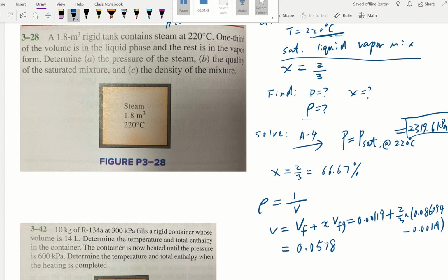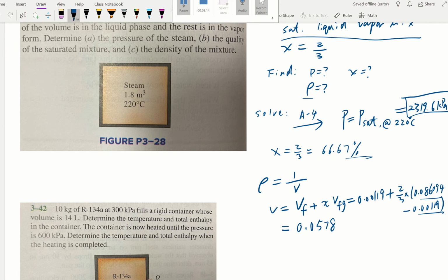Take a moment to think about whether this number is reasonable. The quality is about 2/3, so it's a little bit more than half. vf is a very small value, 0.00119, and vg is 0.086. So the result will be closer to vg since the quality is greater than 50%. So I think this number is reasonable.